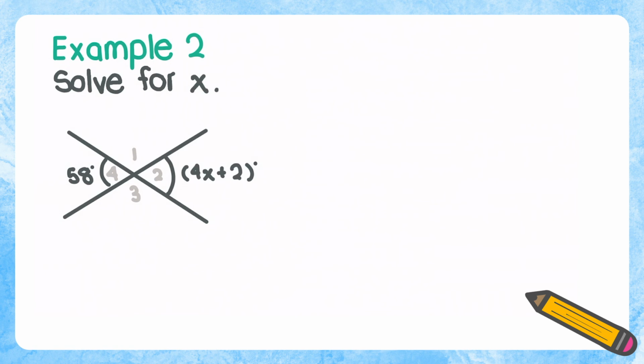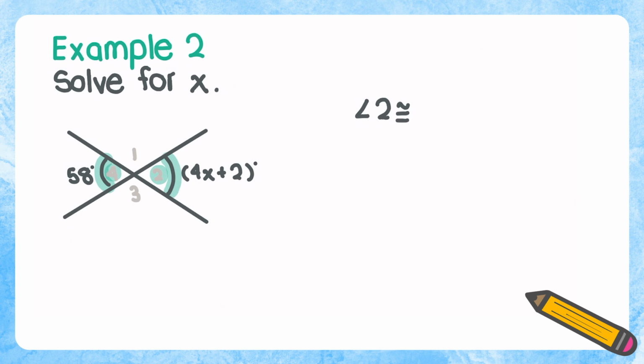Let's look at one more example together. For this example, it says to solve for x. So in this problem, we're going to solve for x, and that's it. Again, we're going to use the idea of vertical angles. So what vertical angle pair might we be using here? For this example, I notice that angle 2 and angle 4 are vertical angles.